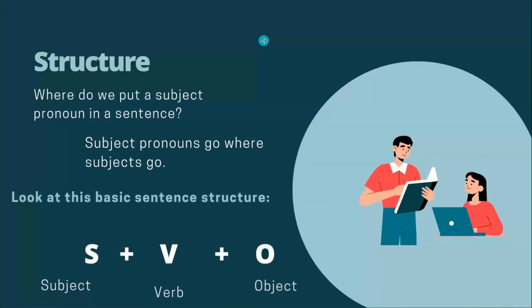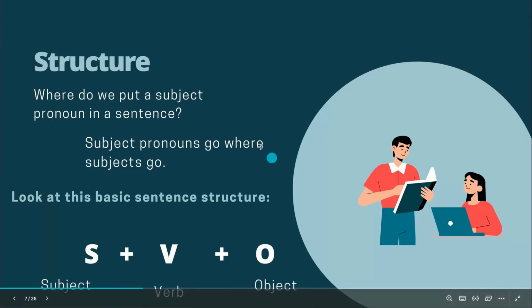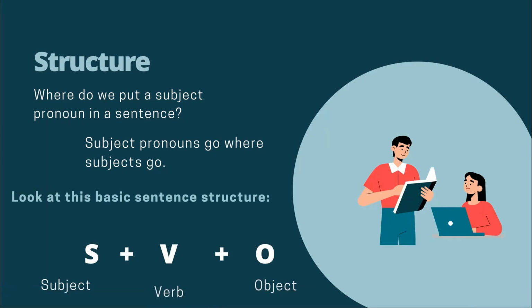In really basic sentences, we follow a simple structure. In this structure, we're going to see where we put a subject pronoun in a sentence. Subject pronouns typically go where subjects go. If you look at this basic sentence structure, we have SVO. The S stands for subject, the V stands for verb, and the O stands for object.